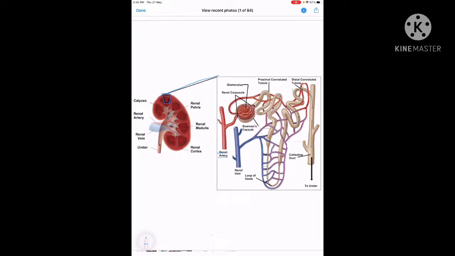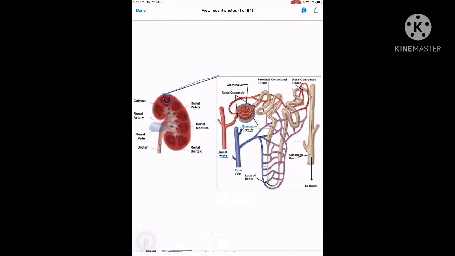The nephron is composed of a capsule, which I'm referring to with the blue color, called Bowman's capsule. As you see, part of the capillaries from the renal artery are entering into Bowman's capsule, where a lot of material will be filtered out of the blood.